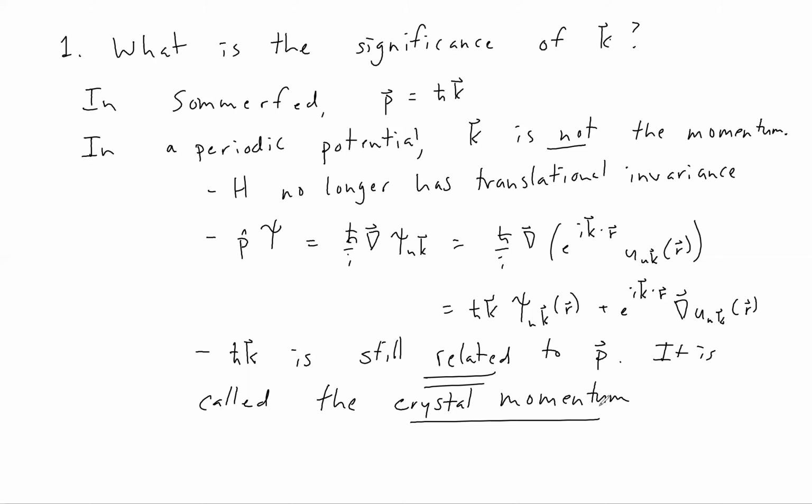Okay. So the next point to think about and understand carefully is that we can always choose this wave vector k to lie in the first Brillouin zone. We can always choose this quantum number k to lie in the first Brillouin zone.